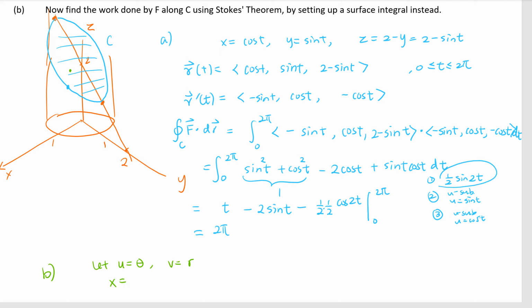Then x is r cosine theta, which becomes v cosine u, y is r sine theta, which is v sine u, and z, because it's on the plane, z is 2 minus y, which is 2 minus v sine u.